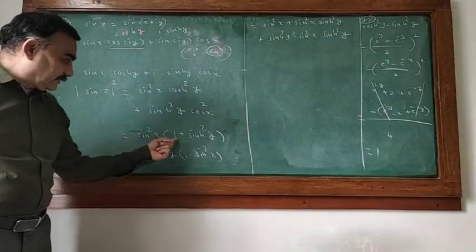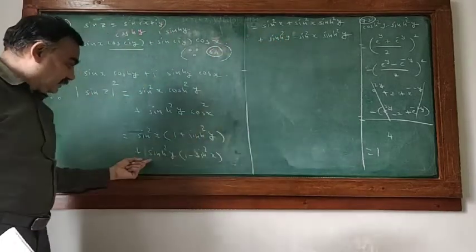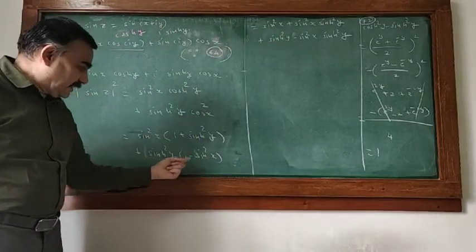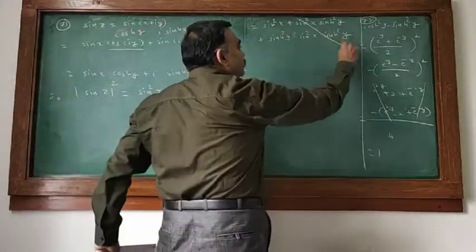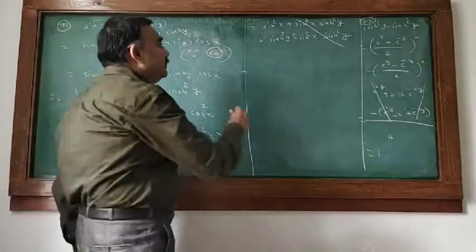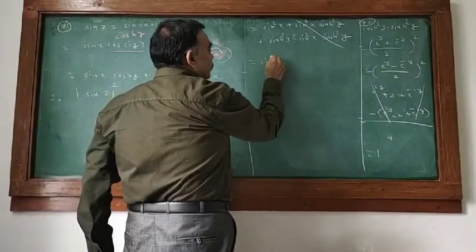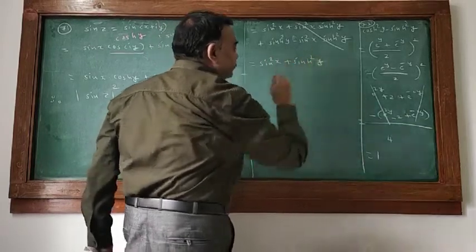You can find that the terms sin square x sinh square y are equal and opposite in sign, so we may cancel out. So this is equal to sin square x plus sinh square y.